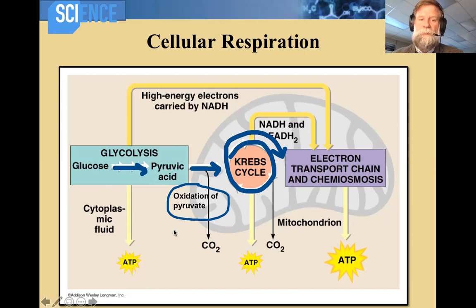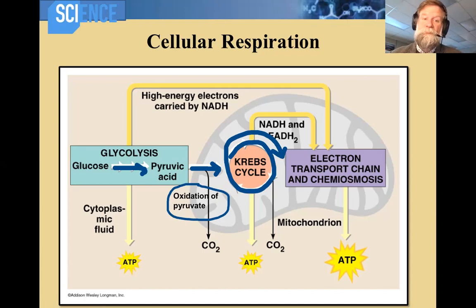So that's where these pyruvate molecules, these 3-carbon organic compounds, are going to be oxidized. So remember what our definition of oxidation is. Oxidation is the stripping of electrons away.